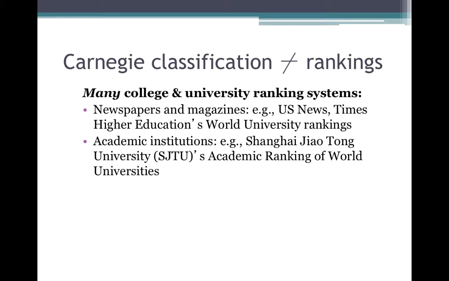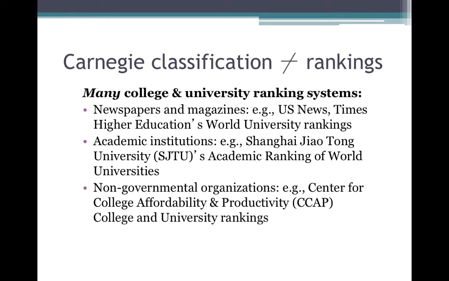So there are several universities in China that annually release academic rankings of world universities, as well as different NGOs, non-governmental organizations, that try to get at different dimensions of what's better or higher quality or higher status in terms of different characteristics of institutions. So again, although rankings aren't actually a structural characteristic, they are often associated with structures, and they are a great way to help you make sense of your individual institution's context as well as benchmark.